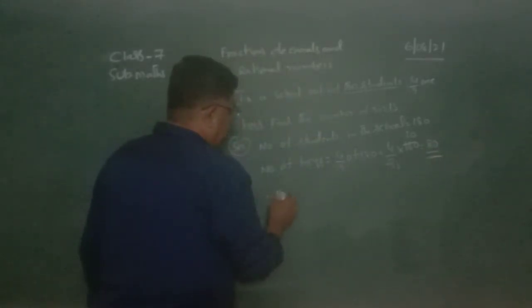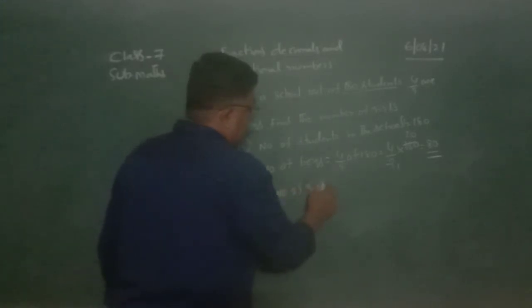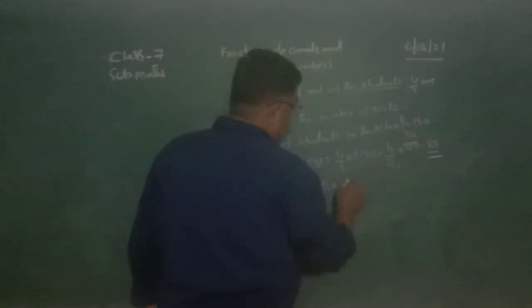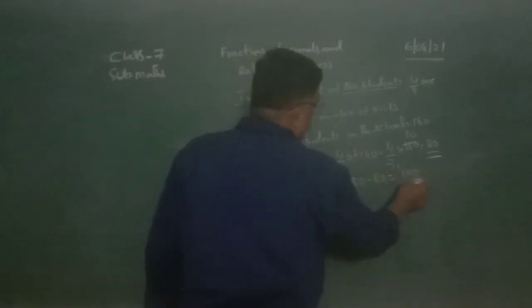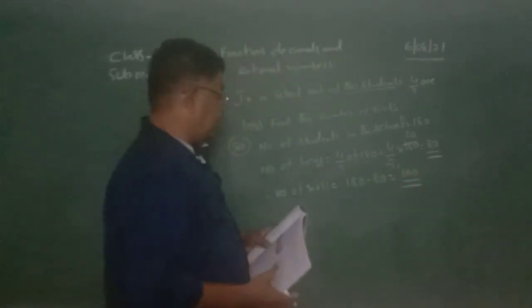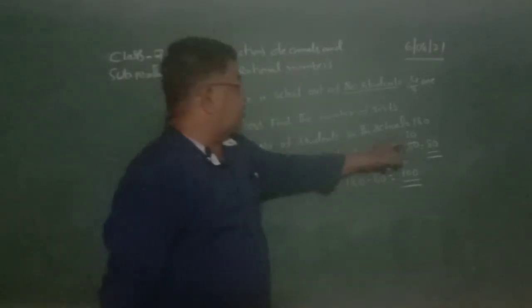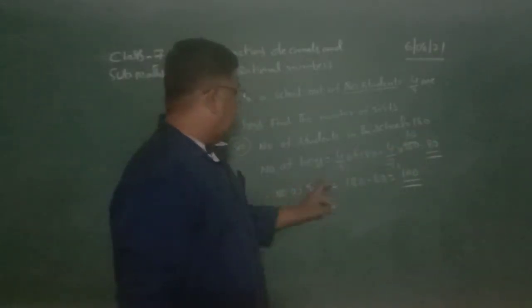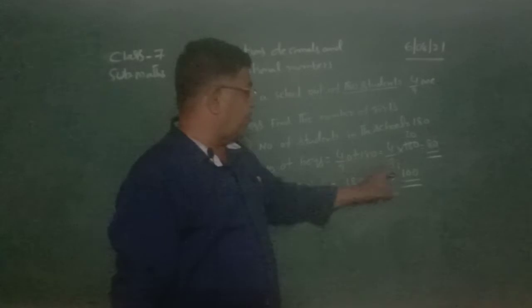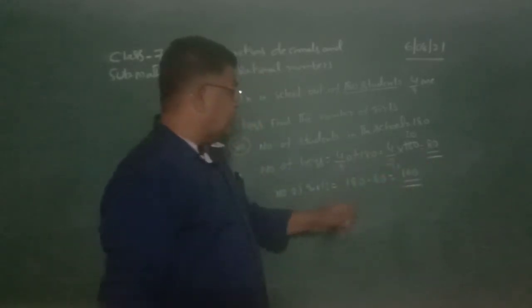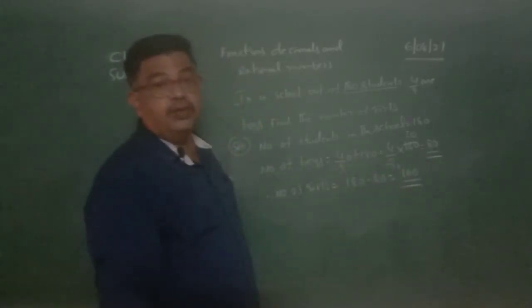Therefore, number of girls: from the total number of students, if you subtract the number of boys, you get 100, which is equal to the number of girls. So number of students in the school is 180, number of boys is 4 by 9 of 180 is equal to 80, and number of girls is equal to 180 minus 80 equal to 100.